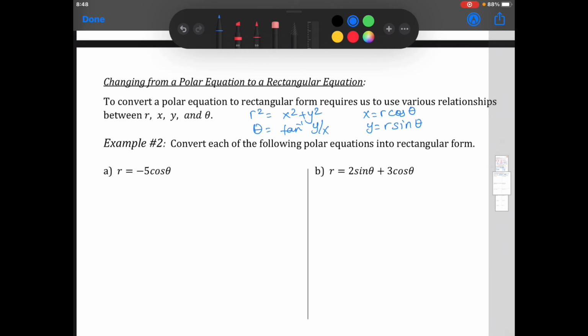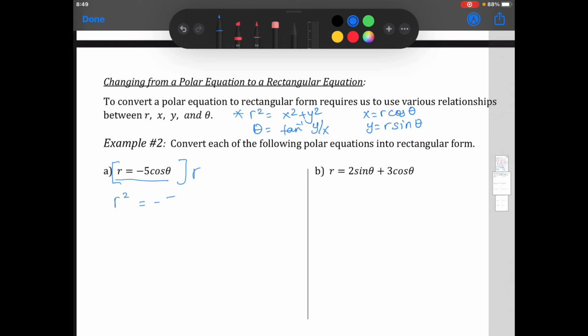Whenever you want to do this, if you look at these equations, in A you want to get rid of r and cosine theta, right? So how do you do that? With these equations, you always start by multiplying by r, because if you look at this formula, it's r squared. You want to multiply by r so that you end up with r squared. On the left side, you'll have r squared.